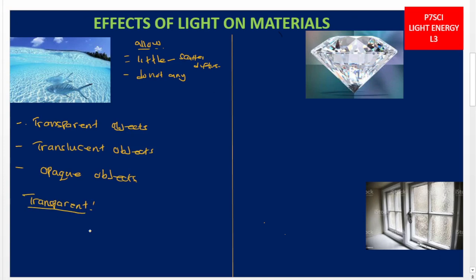Transparent materials are materials which allow all light to pass through them, and we can see through them clearly. For example, clear water.